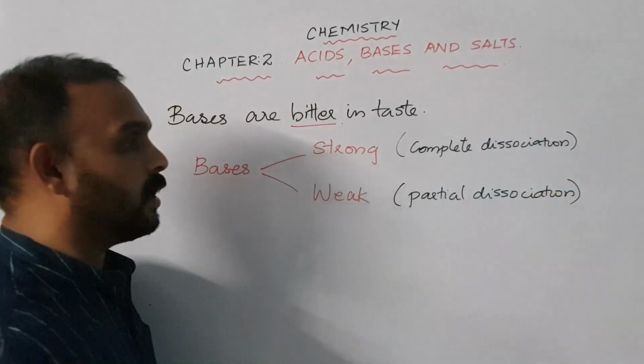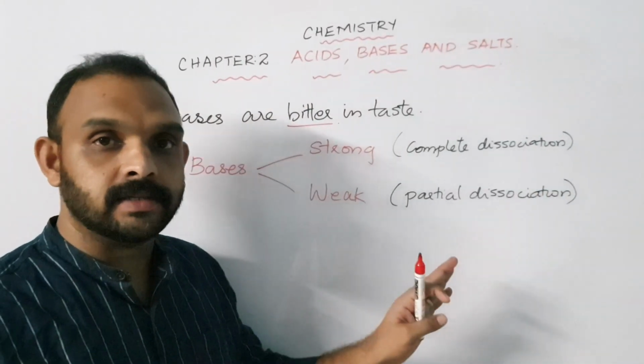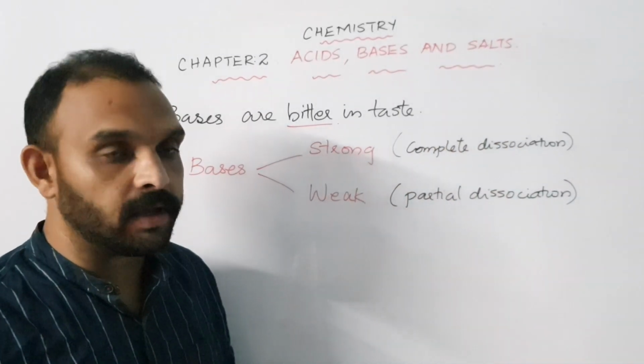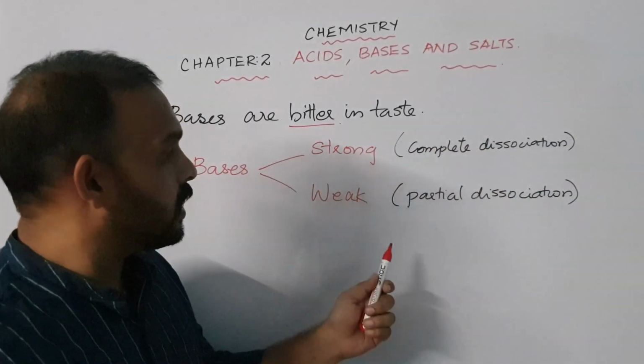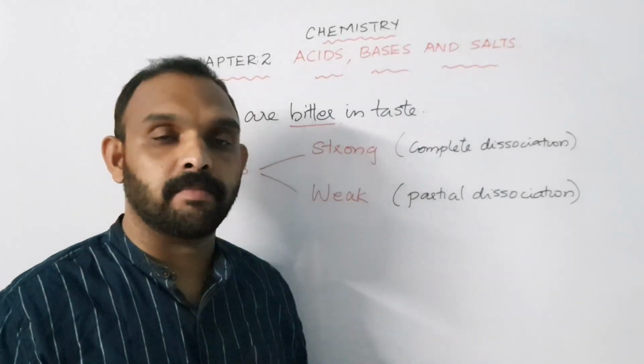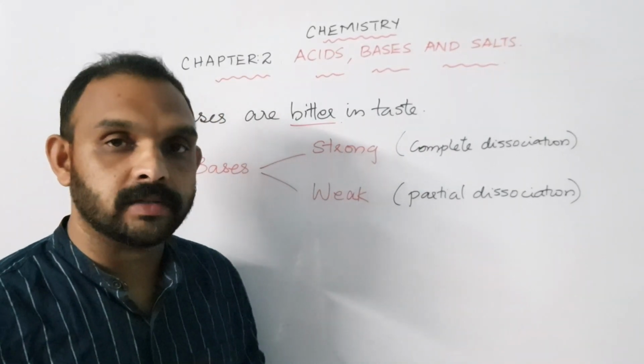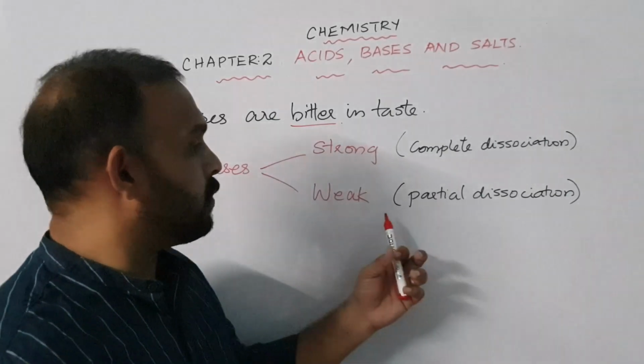If a base completely dissociates in water to give OH minus ions, we call it a strong base, and if it partially dissociates in water to give OH minus ions, we call it a weak base.